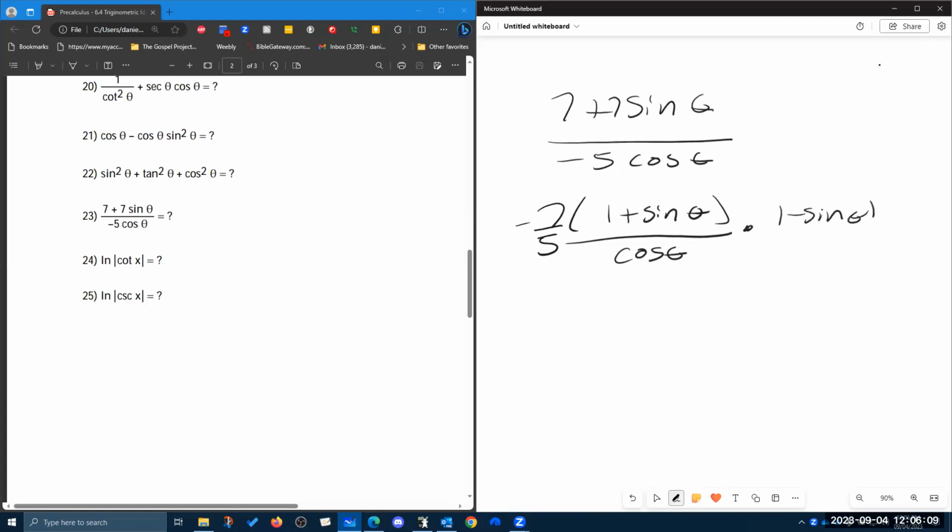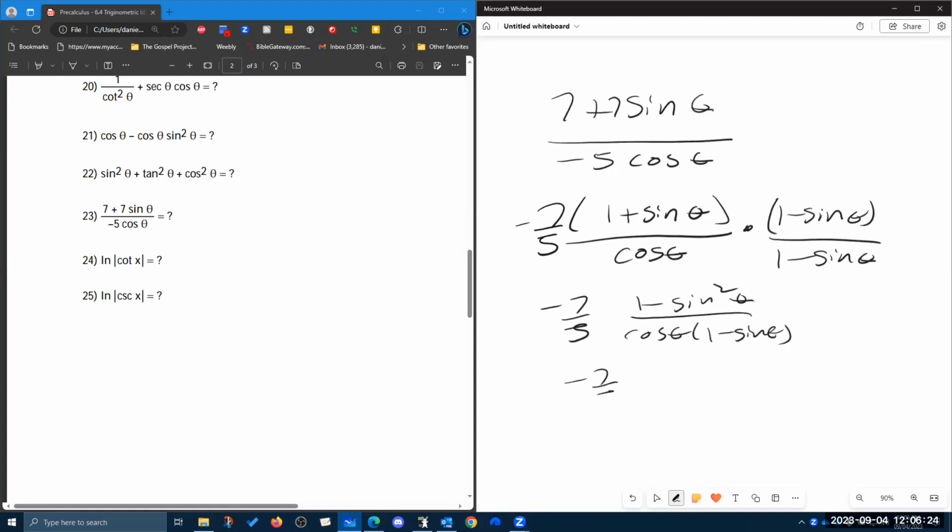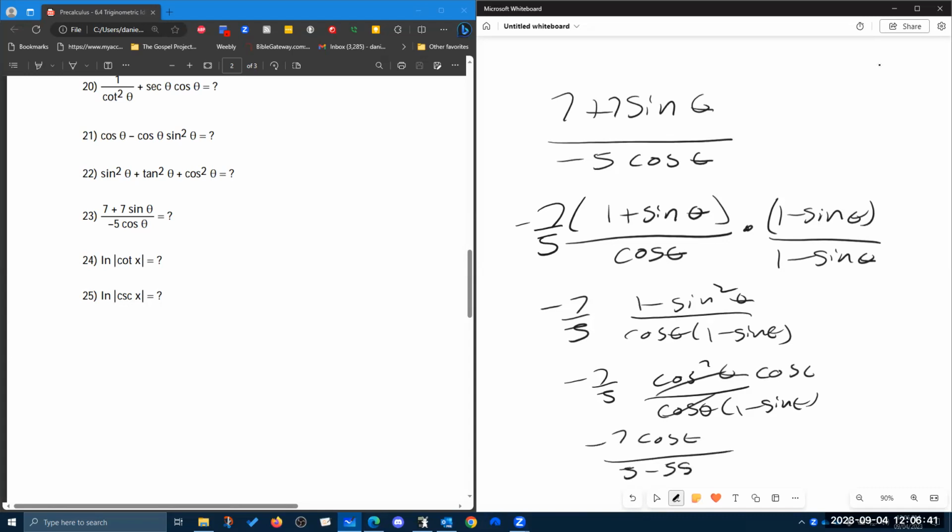I just checked. -7/5, 1 minus sine squared over cosine times 1 minus sine is going to be -7/5 cosine squared over cosine times 1 minus sine, which is -7 cosine over 5 minus 5 sine, something like that.